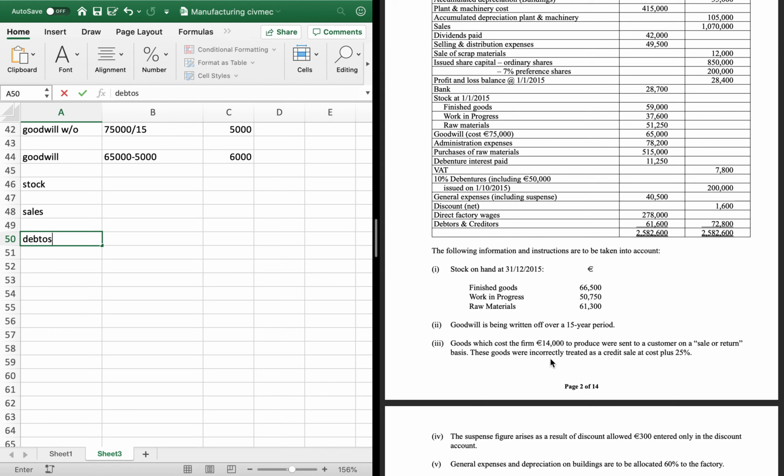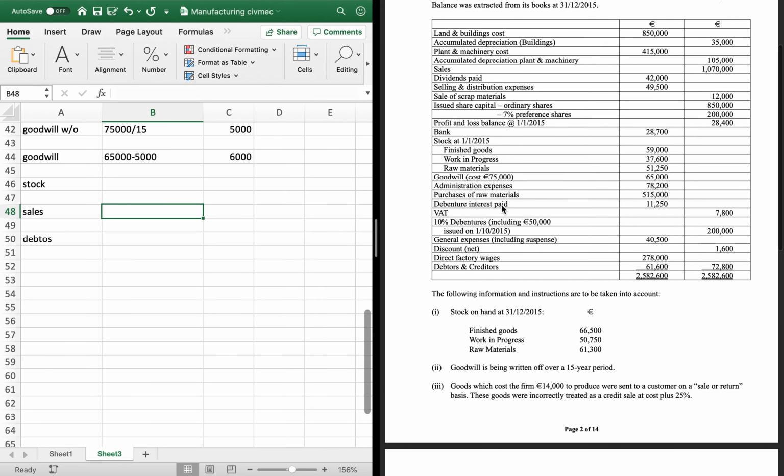So we'll deal with the sales first. Sales need to go down by whatever we sold them at. So sales starts off as 1070, and we need to take away 14,000 plus 25%.